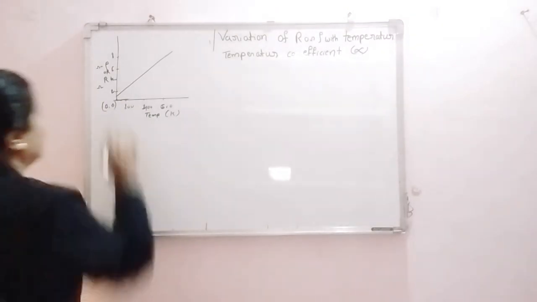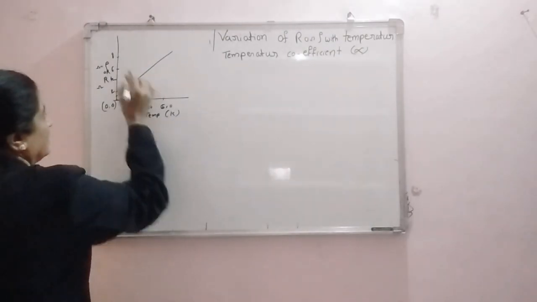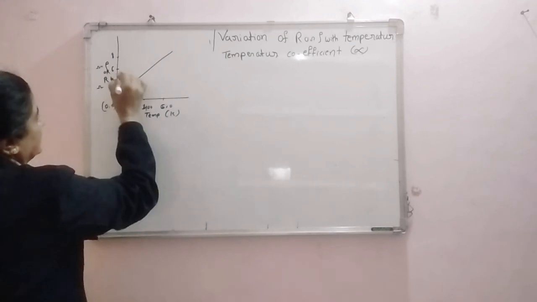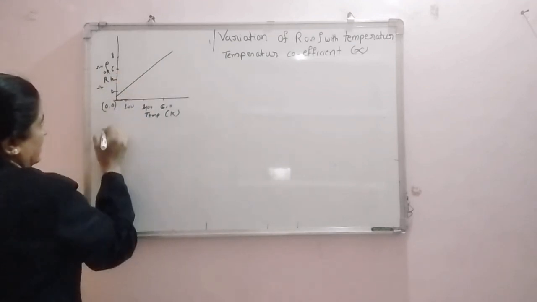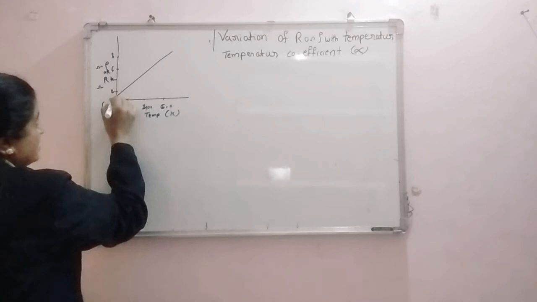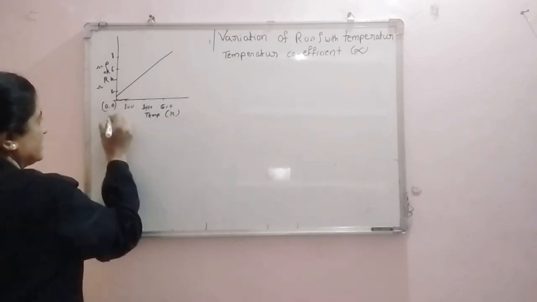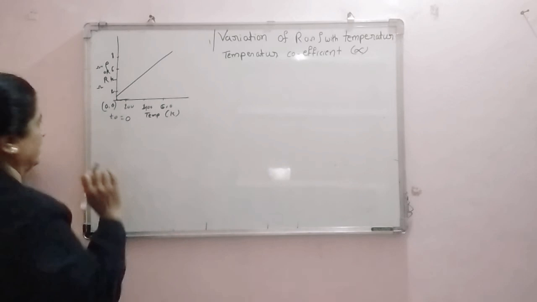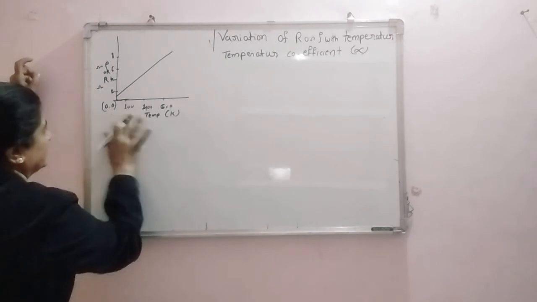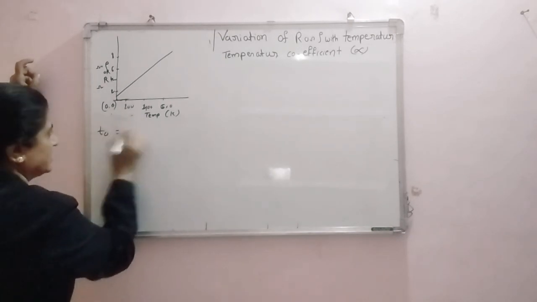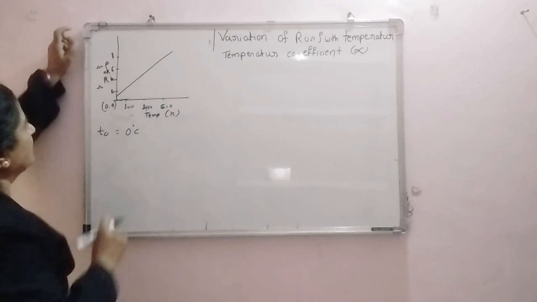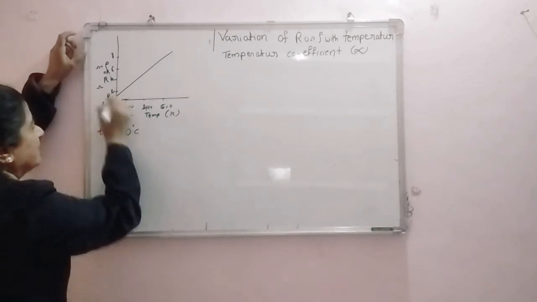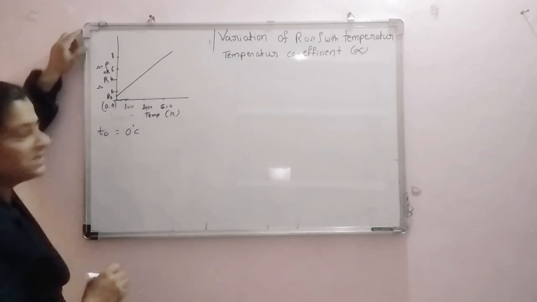For that linear graph, we take the ratio of the change in resistance and temperature. The initial temperature T0 is 0 degree Celsius or 0 Kelvin, and at that temperature the initial resistance is R0.